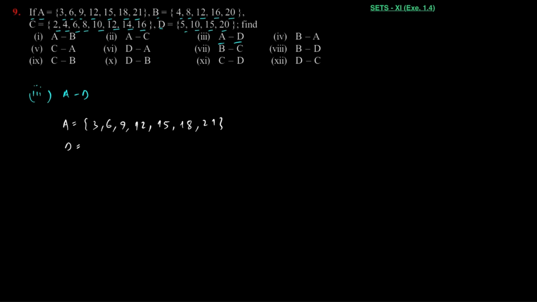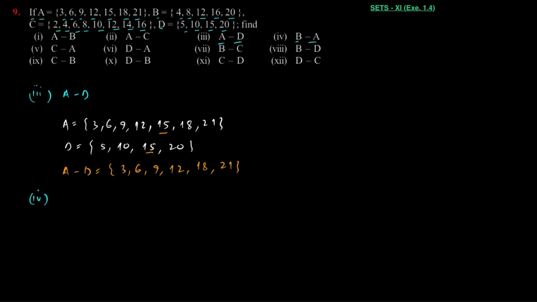While D is having elements as 5, 10, 15, and 20. So what will be A minus D? Here 15 is the common element which is also there in set D. So 15 will not be there in set A minus D. So the elements of this set will be 3, 6, 9, 12, 18, and 21.